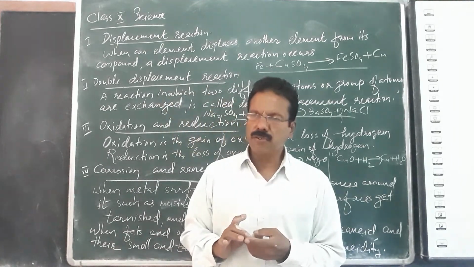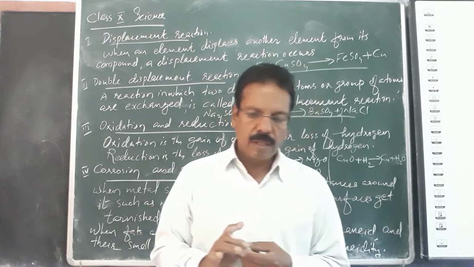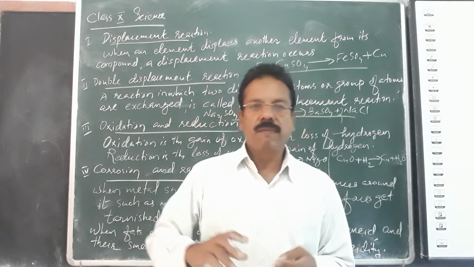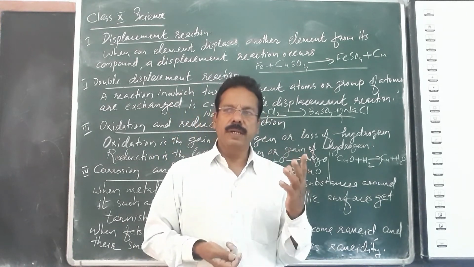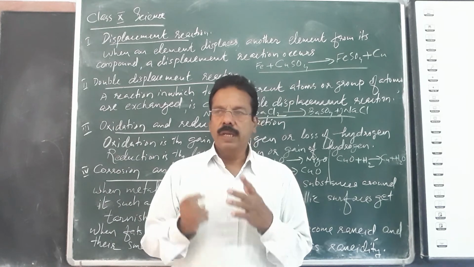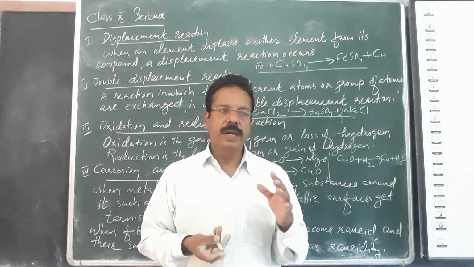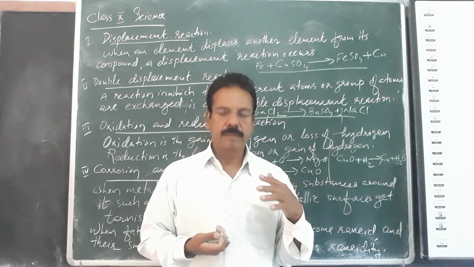Such a phenomenon is called rancidity. In order to avoid rancidity, potato chips manufacturers flush the packet with nitrogen gas. In order to prevent corrosion, we paint metallic surfaces to avoid direct contact with the moisture and acids in the atmosphere. Thank you.